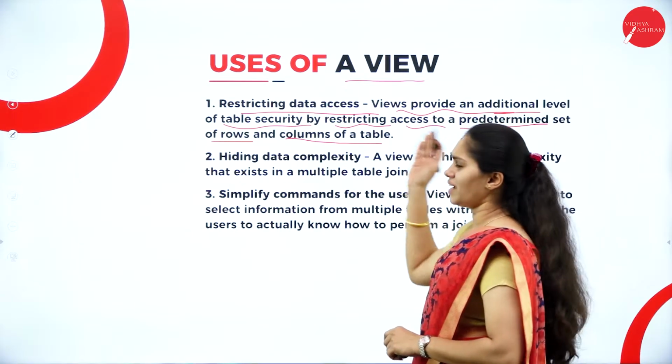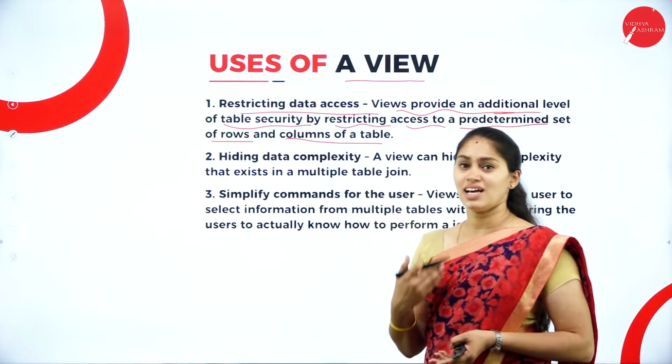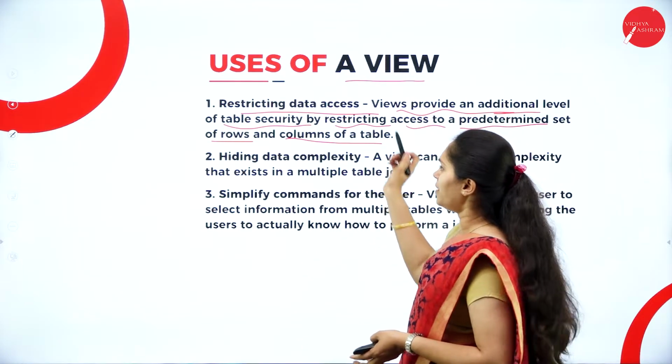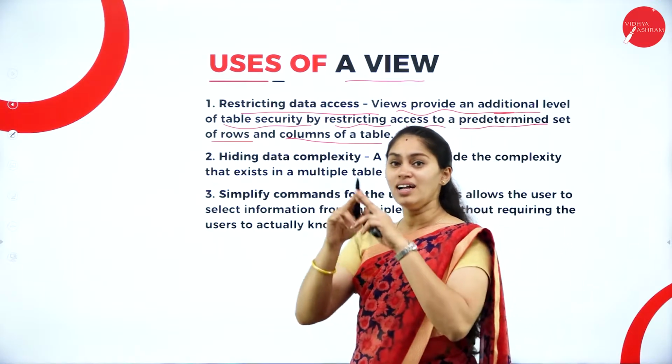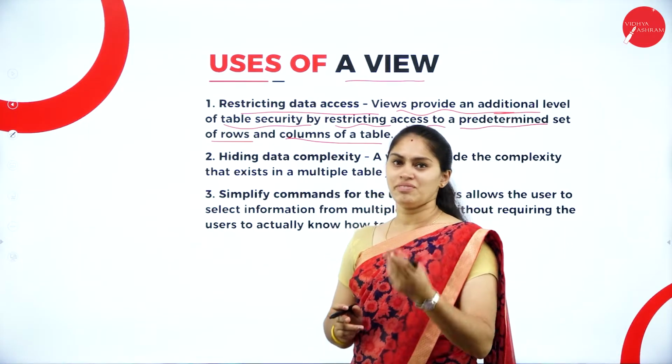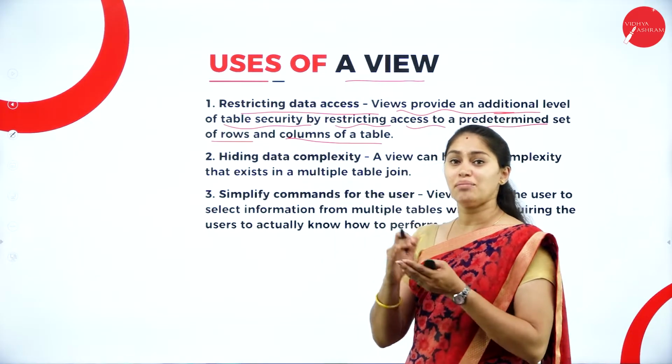Whenever we have a view, that is also a table or a relation comprising rows as well as columns, right? By restricting certain accessibility to the data, it provides table level security. Already we know that we have a column level constraint and also a table level constraint.